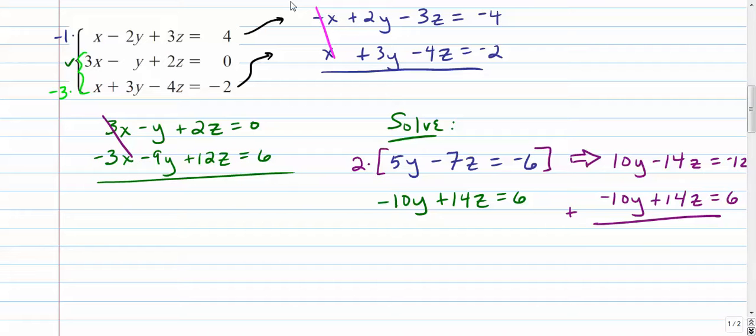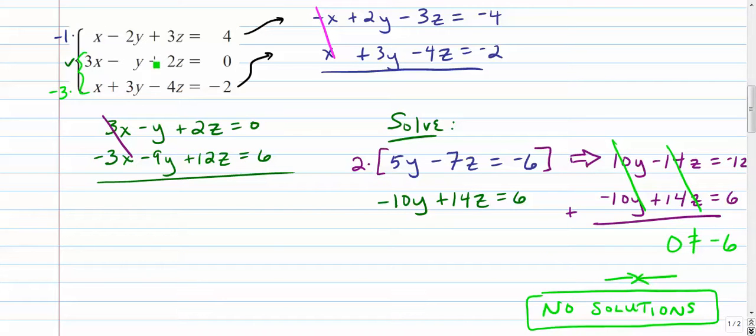I get some pretty interesting things here. I get a cancellation, I get another cancellation, and I get negative 6. So 0 equals negative 6. Never true. That is what we call a contradiction. And the answer that you want to write is no solutions.